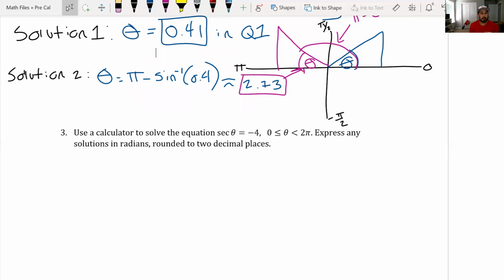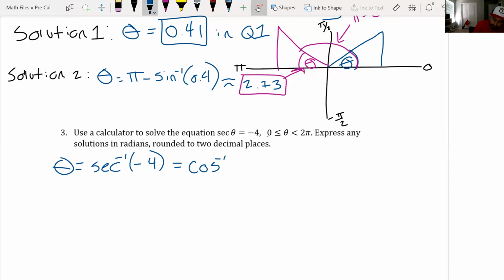All right, use a calculator to solve the equation secant theta equals -4, between 0 and 2 pi. Okay, so we apply the inverse. That's where we start. Theta equals the inverse secant of -4. And remember our formula. We made the inverse calculations, so this becomes the cosine inverse of -1/4.